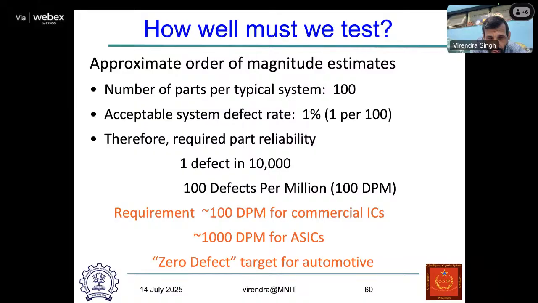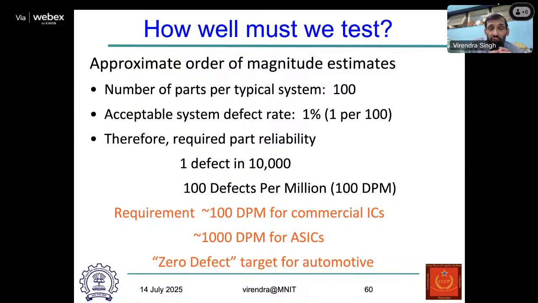Now if it is an IC being used in automotive, then ideally we want zero defect. That means it should not have any defect at all.